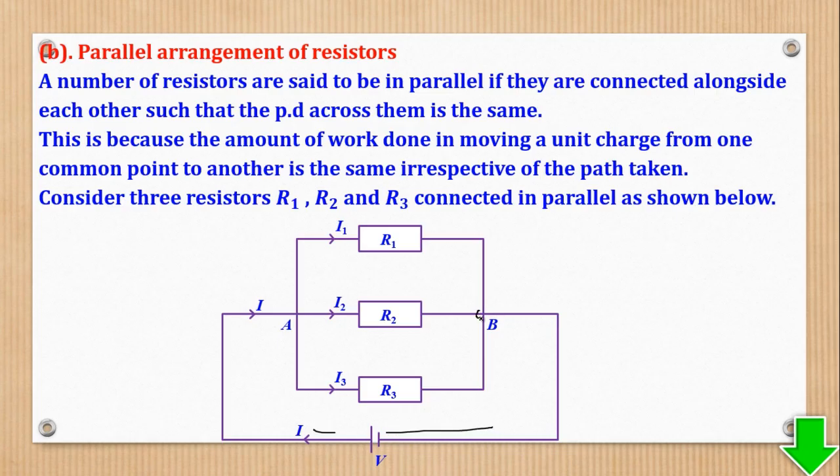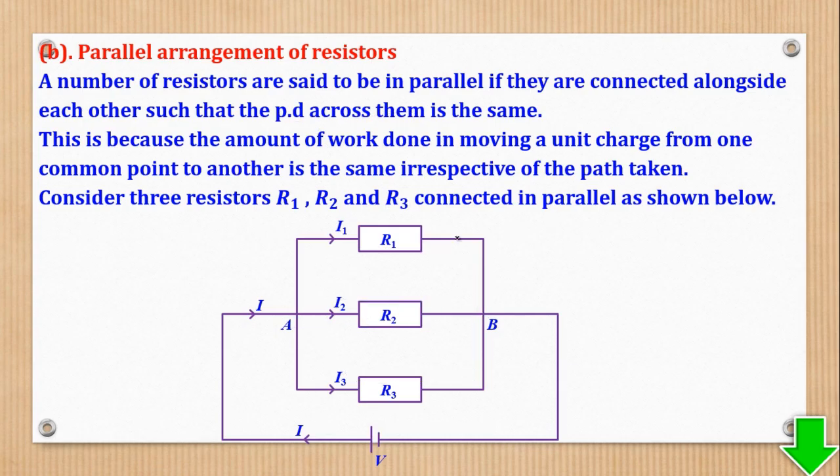If I move a charge from B and take this path up to this point, or take this path up to this point, or move through this path, all paths will give the same work done. And because they all give the same work done, it implies that the potential difference will be the same across two common points.